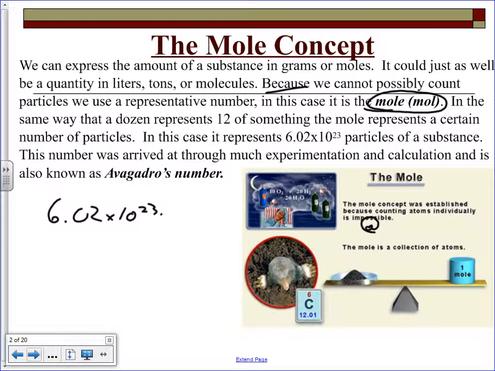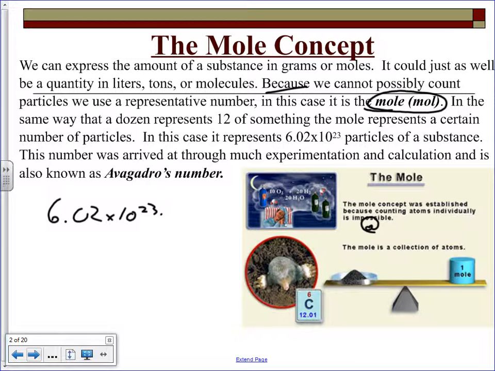They figured out what mass 6.02 times 10 to the 23 atoms of lithium would have, and what mass beryllium would have. And what do we notice happens to the masses as we go along the table? They get bigger, and they get bigger because the atoms are getting bigger, right? An atom with 7 protons has 7 electrons and 7 neutrons. It's a bigger atom, so it weighs more.